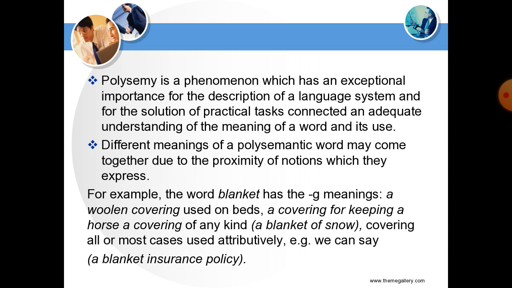For example, the word blanket has the meanings: a woolen covering used on beds; a covering for keeping a horse; and a covering of any kind, as in a blanket of snow, covering all or most cases, used attributively. For example, we can say a blanket insurance policy.